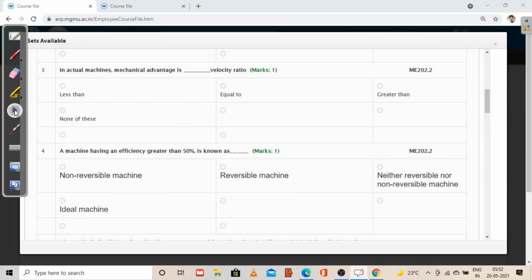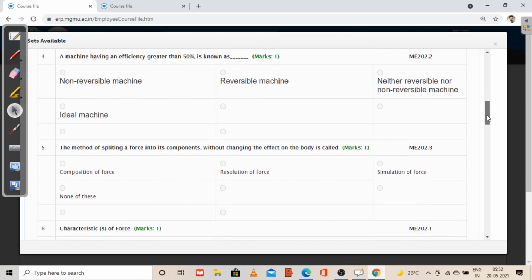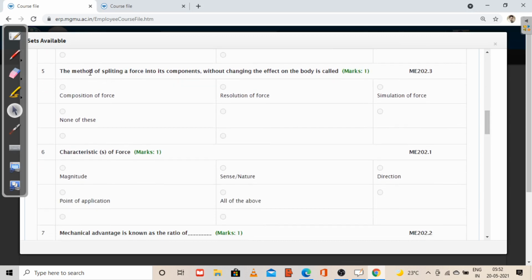Now we'll go for the fifth question. The method of splitting a force into its components. You have to split the force into its components without changing the effect on the body, is called simply resolution of forces. It is not simulation of forces, nor composition.